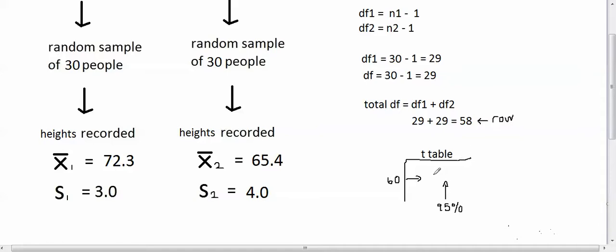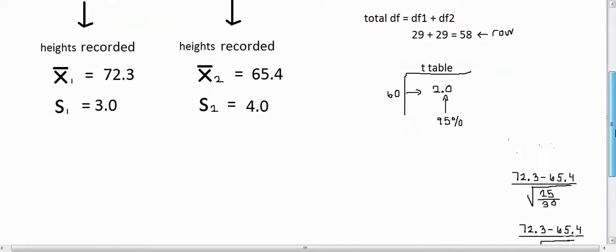And the number where they meet up with each other is your critical value. So for me, it would be exactly 2.